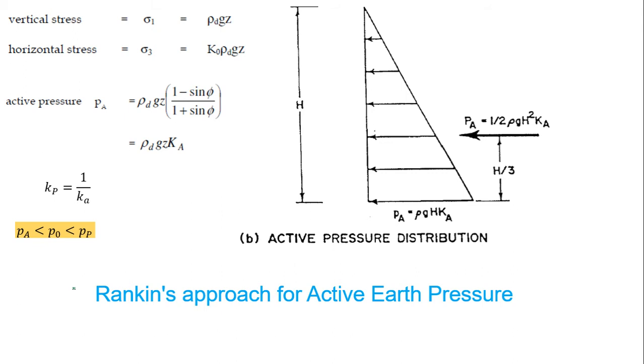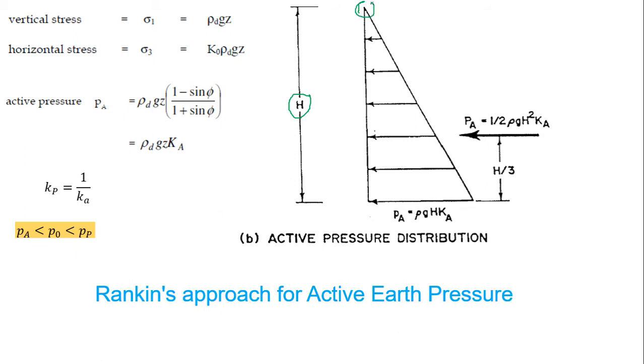Sir Rankine has developed an approach to find out the magnitude. We get the pressure distribution with the help of this pressure distribution diagram. This diagram represents the active pressure distribution. If we have a retaining wall of height h, for the backfill, the pressure distribution is uniformly varying.